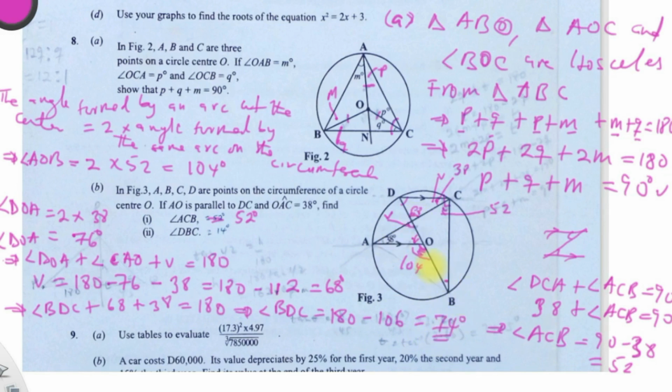So now we are going to get this very easily. We have this angle, and we know this angle to be 90. We are looking for this angle. So now we are using triangle BCD. Triangle BCD, what does it imply?